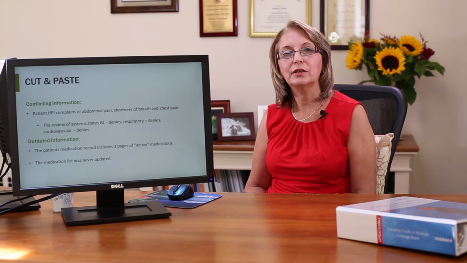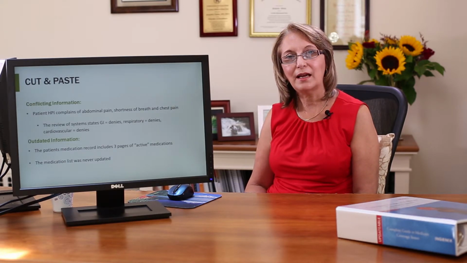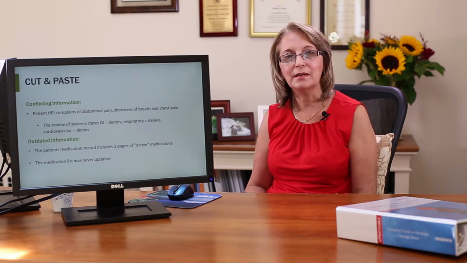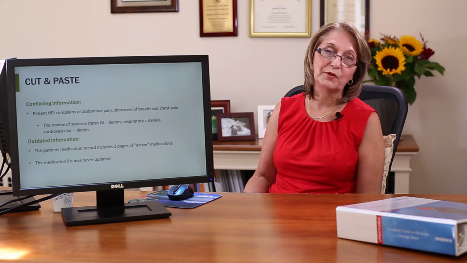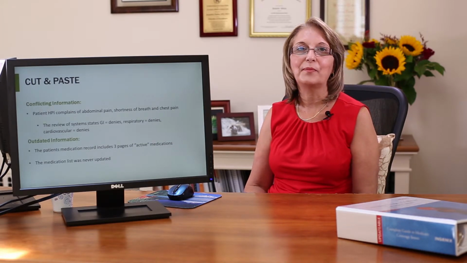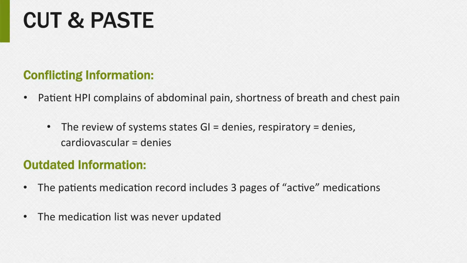Then we move on to look at the review of systems, and everything is negative or the patient denies it. So in this case, you now have conflicting information, in which case the review of systems would be discounted from the auditor or the reviewer. It also begins to put into question the integrity of the data itself.